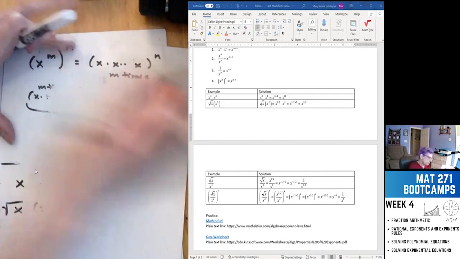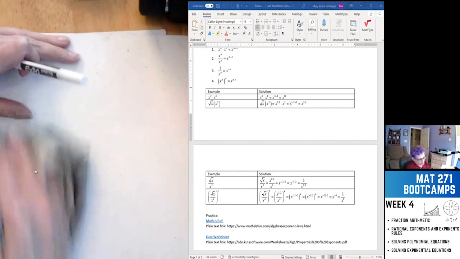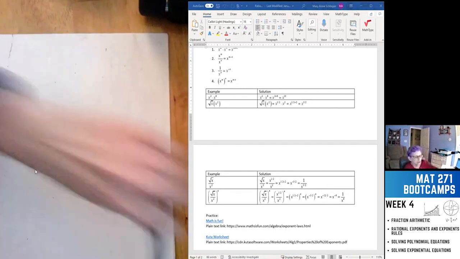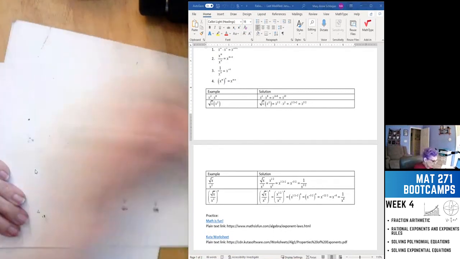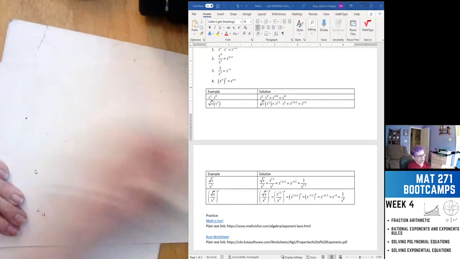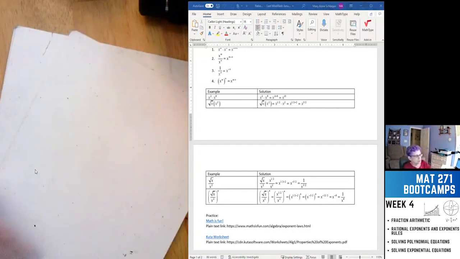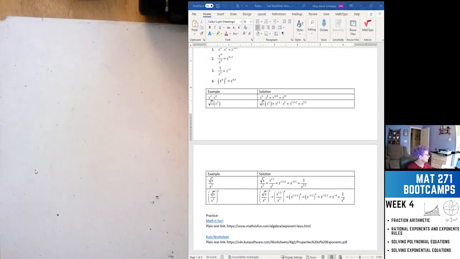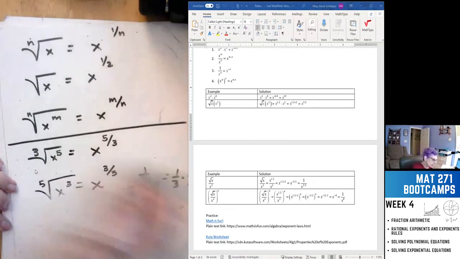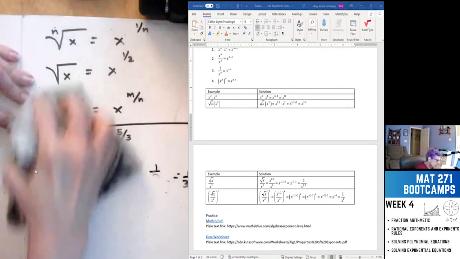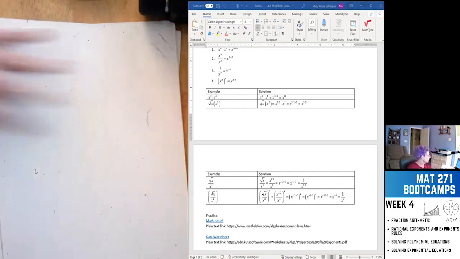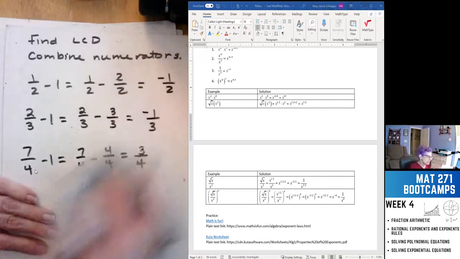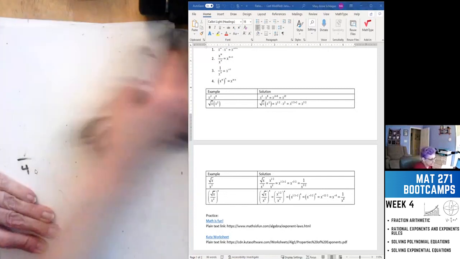So after you do all of those derivatives, you're learning the derivative rules, you'll rewrite your radicals with rational exponents, and you'll rewrite your rational expressions with negative exponents. Then you're going to be asked to set those derivatives equal to a number.